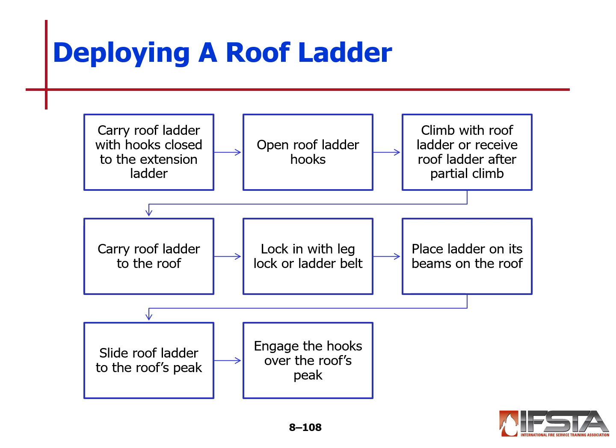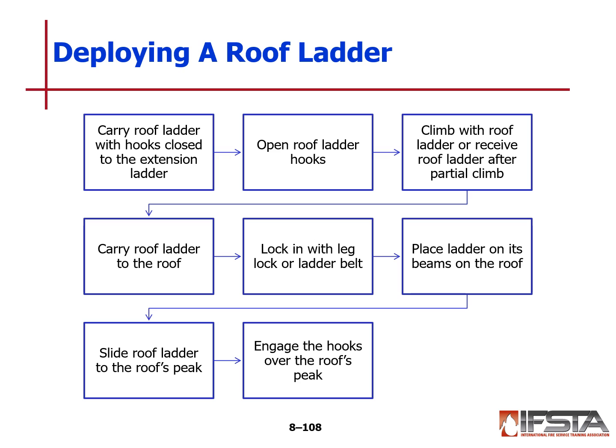So again, this is our flow chart for the roof ladder. We're going to carry the roof ladder with the hooks closed to the extension ladder. We'll then deploy the hooks, lock them out. We'll climb with the roof ladder or receive the roof ladder after we've partially climbed the extension ladder. Either way is acceptable.